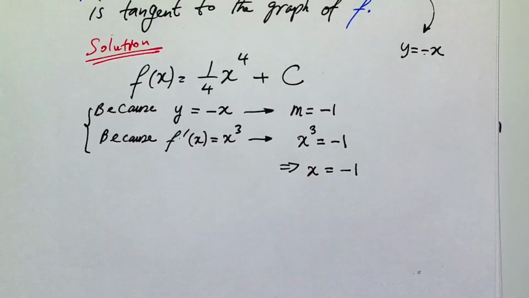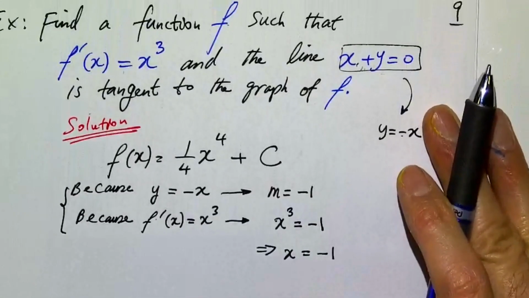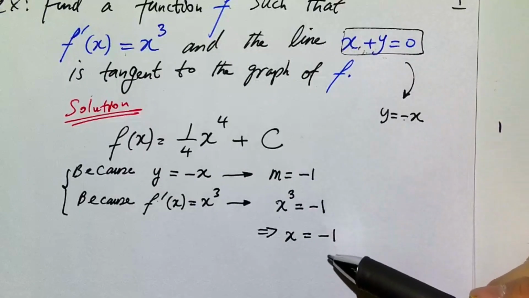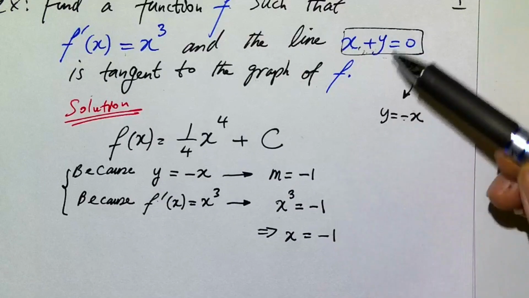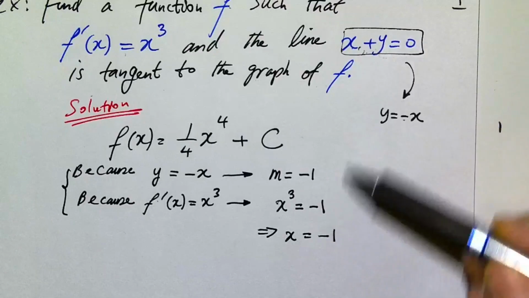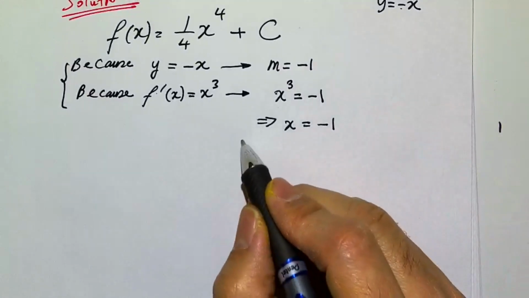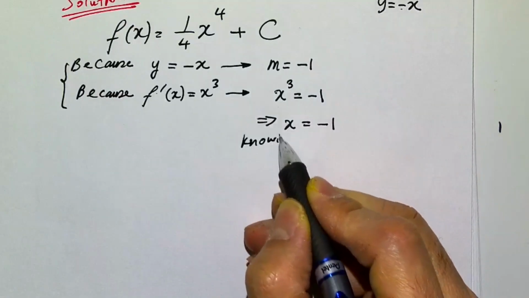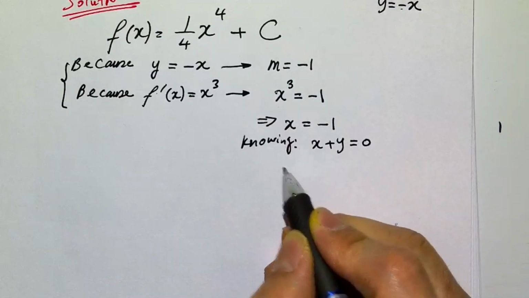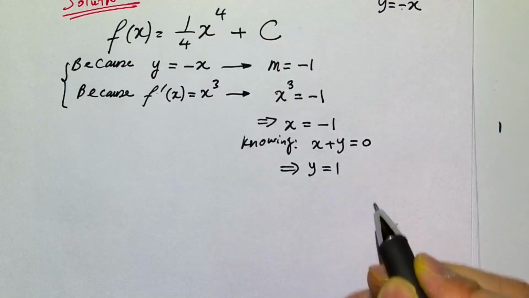All right? So going back to that equation, since x equals -1 now, we know that. So what would y be? Y would have to be 1, right? So -1 plus 1 gives us 0. So knowing x plus y equals 0, therefore y should be equal to 1.